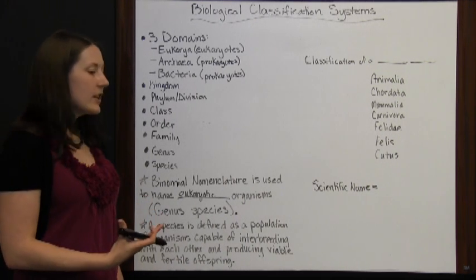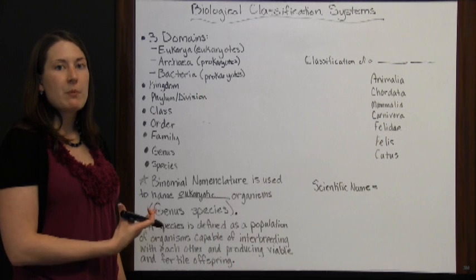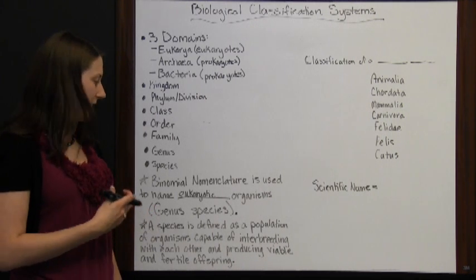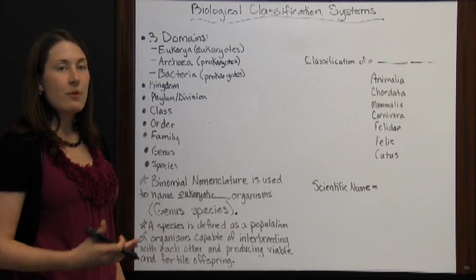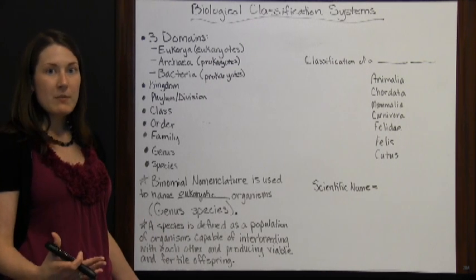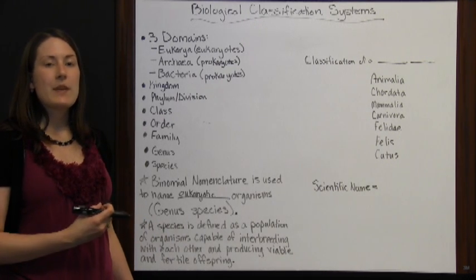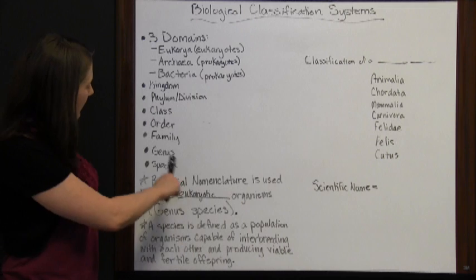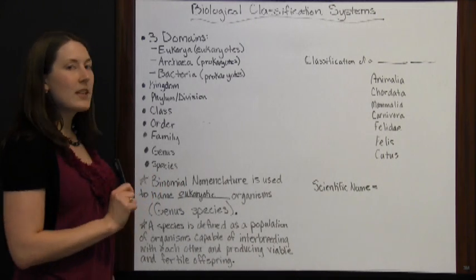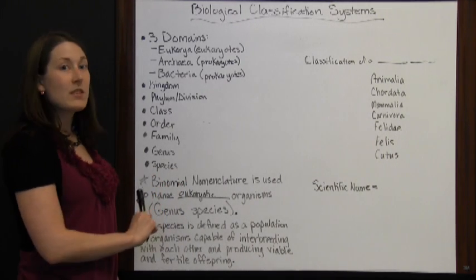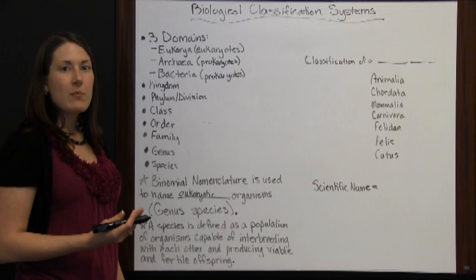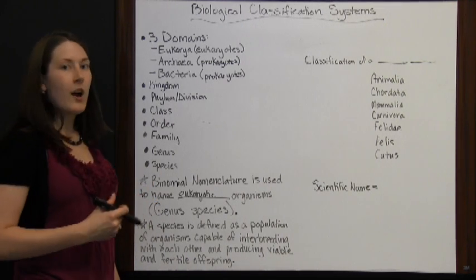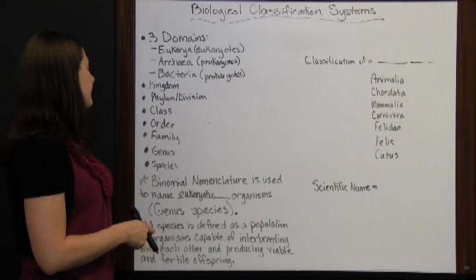If the organisms are producing offspring that aren't capable of reproducing, then that species is not going to be able to continue, or that organism's growth isn't going to be able to continue, and it's not going to be considered a species in itself. So each species is only going to consist of organisms that can breed with each other and produce viable and fertile offspring that can also reproduce.